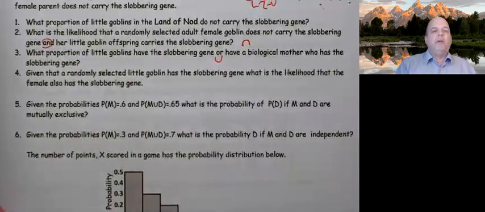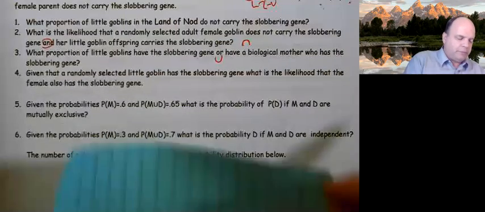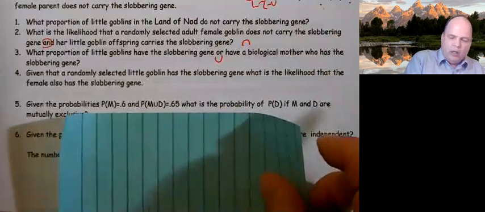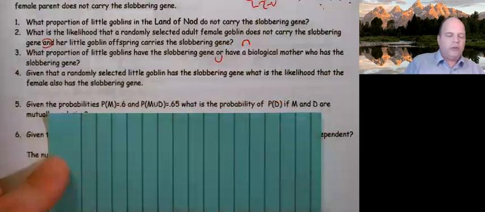So given the probabilities M equals 0.6 and M union D is 0.65, what's the probability of D if M and D are mutually exclusive? All right, so here we go. As soon as I see this union sign, I think general addition rule.